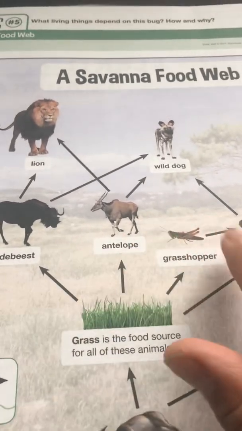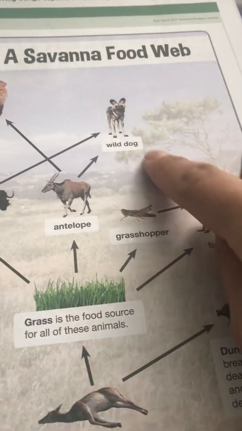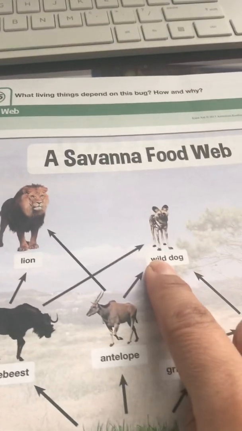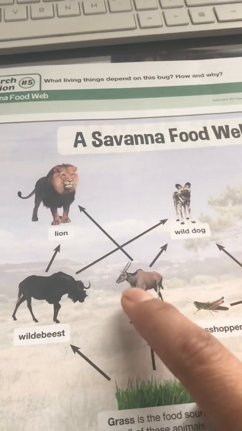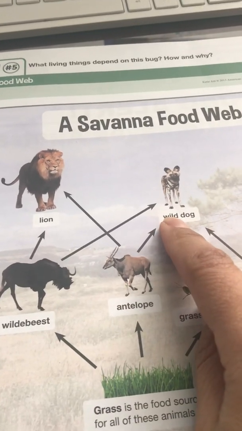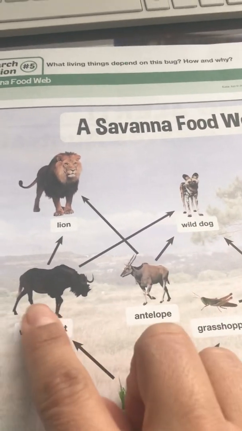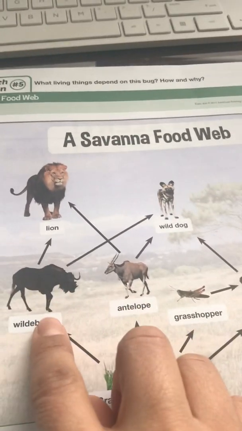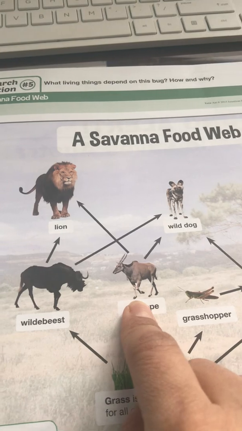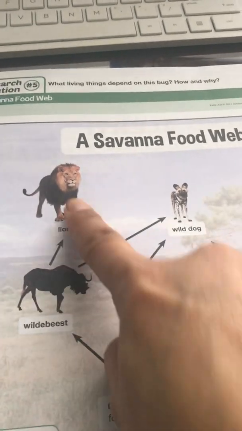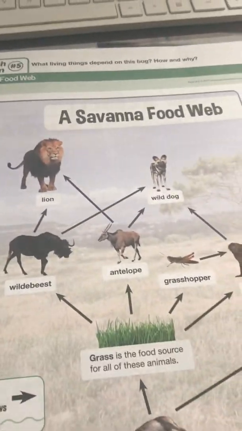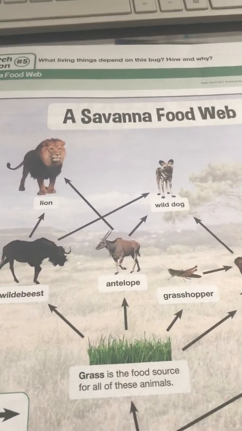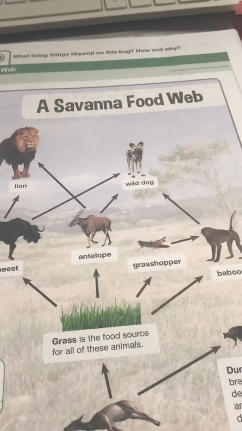And then as we get to the next layer, we see that baboons, antelopes, and wildebeest can be eaten by a wild dog, thereby transferring energy for the wild dog to survive. Just wildebeest and antelopes can also be eaten by a lion and transfer energy in that direction. I'm going to show you a book about ecosystems to help you understand how energy flows.